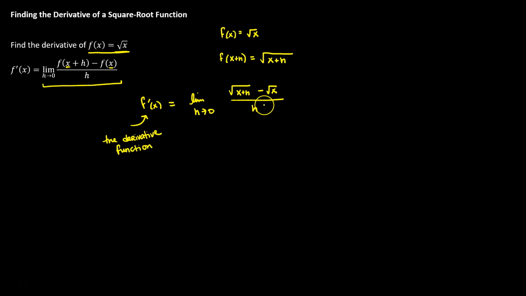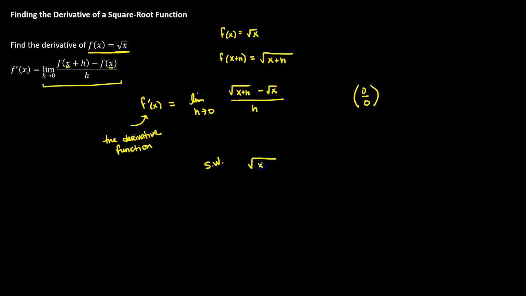So let's see if we can evaluate this limit. If we plug h in directly, we get indeterminate form: 0 on top, 0 on bottom, which means we need to do a little bit of algebra scratch work here. Remember that if we have an indeterminate form with radical terms that have a sum or a difference, we should use the conjugate.